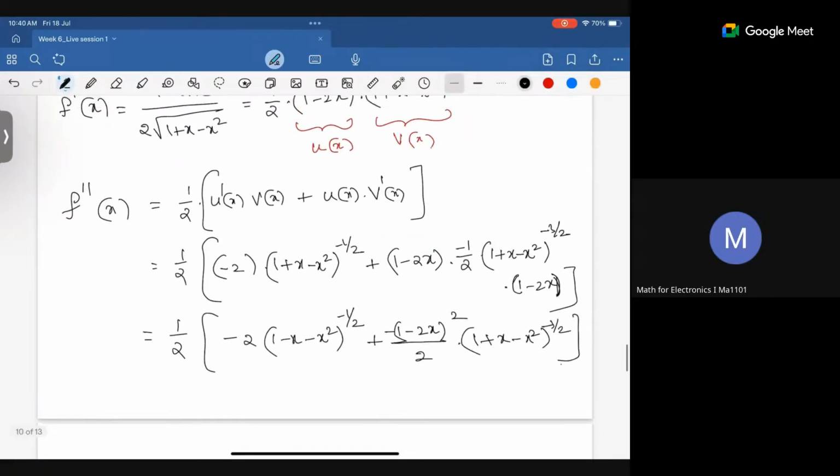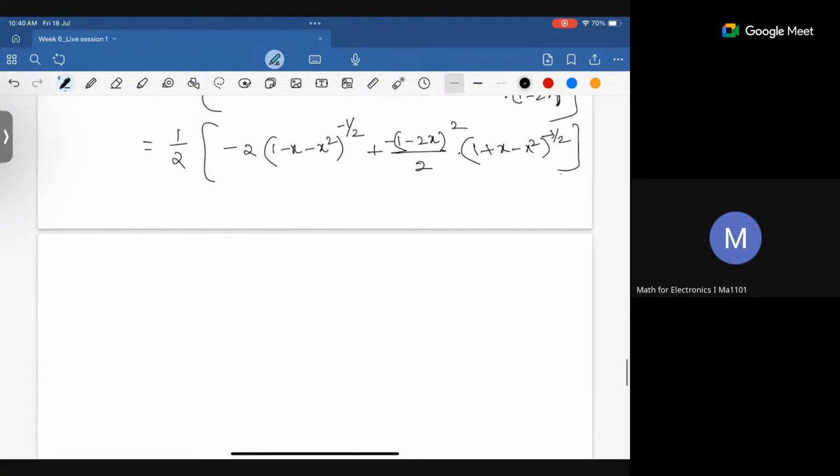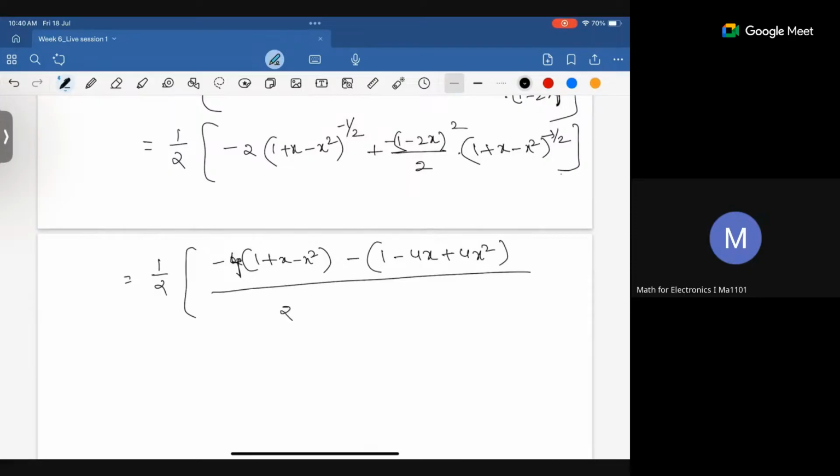Let me do it real quick. If you have any doubt, just ask me. So this will be minus 2 into 1 plus x minus x square minus 4, minus 1 minus 4x plus 4x square whole divided by 2 into 1 plus x minus x square whole power 3 by 2.